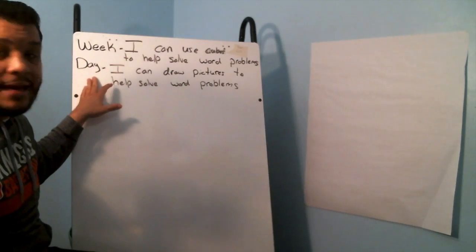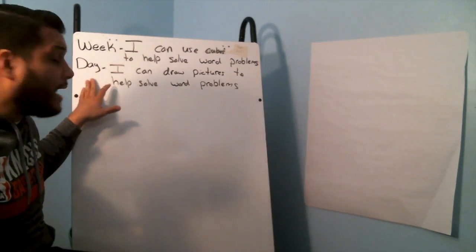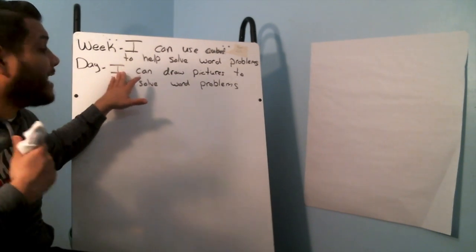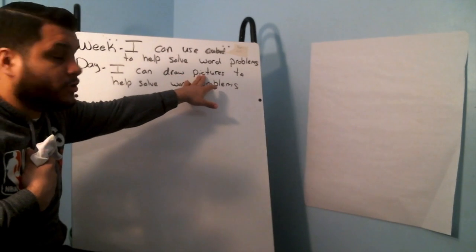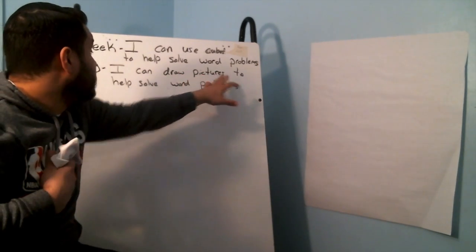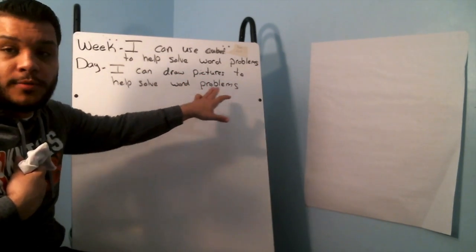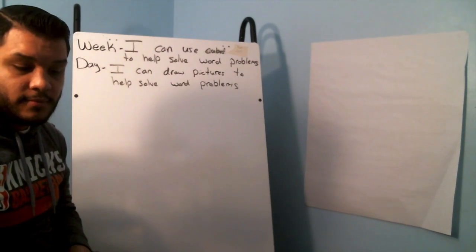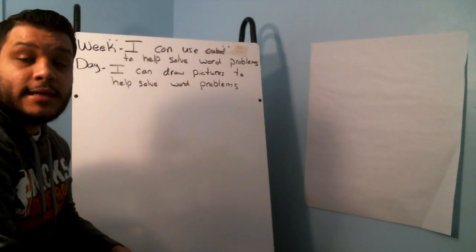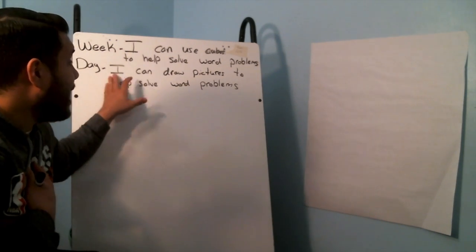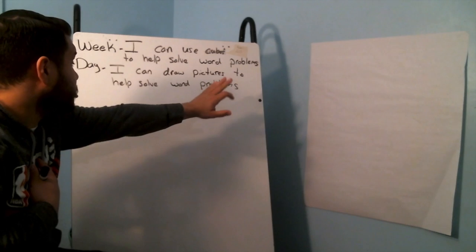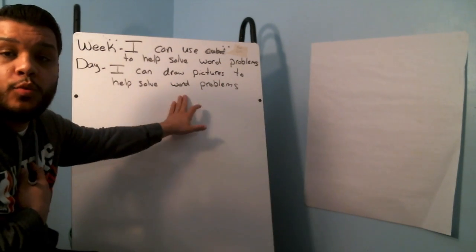And today, Monday, our I can statement for the day is I can draw pictures to help solve word problems. Awesome. Now let's say our I can statement in a deep voice. I can draw pictures to help solve word problems.